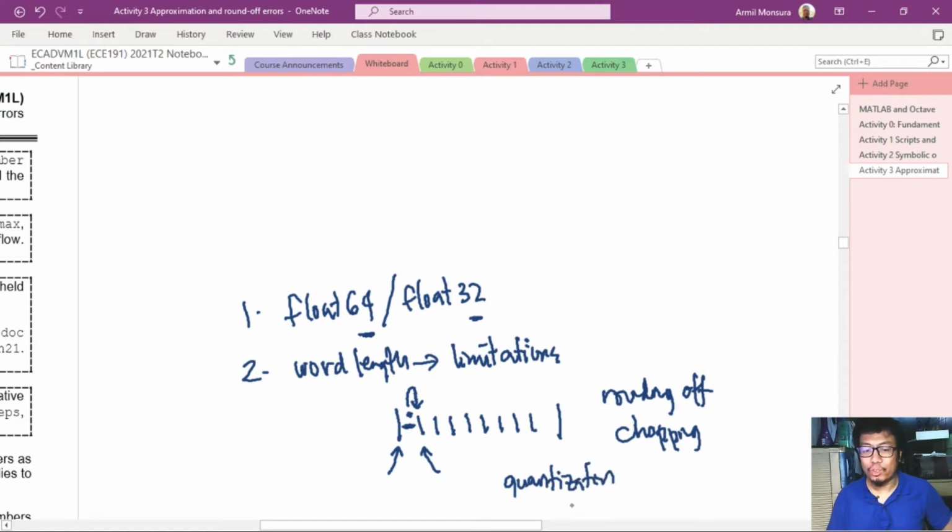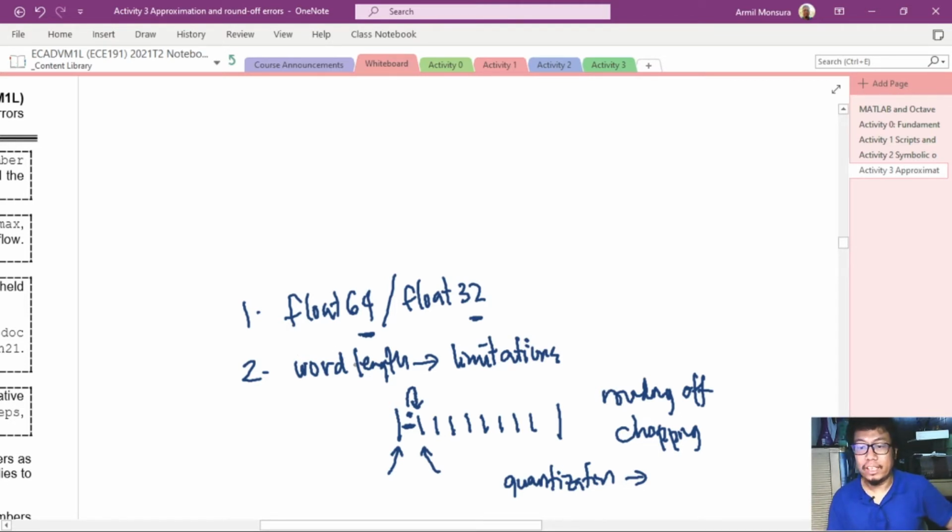We have a process called quantization in computers, and you will encounter that term in future lessons. I hope you remember that I was the first one who introduced the term to you. We will introduce it in a different context later on, but the meaning stays the same. That's one thing you have to remember.